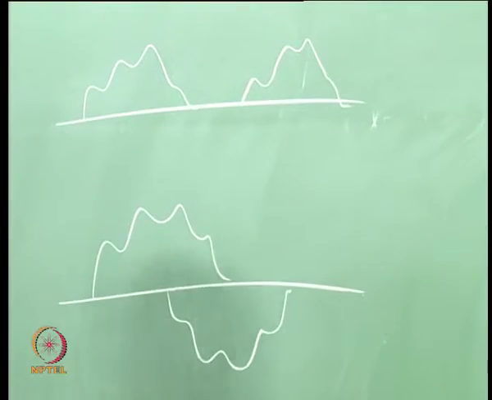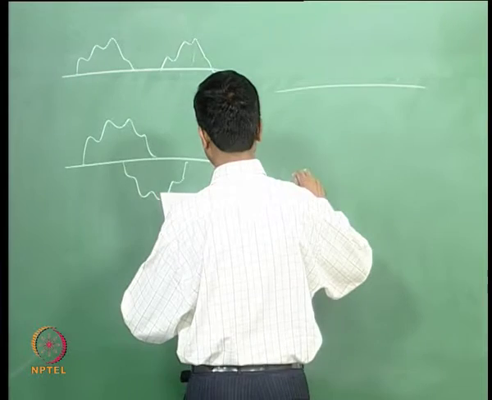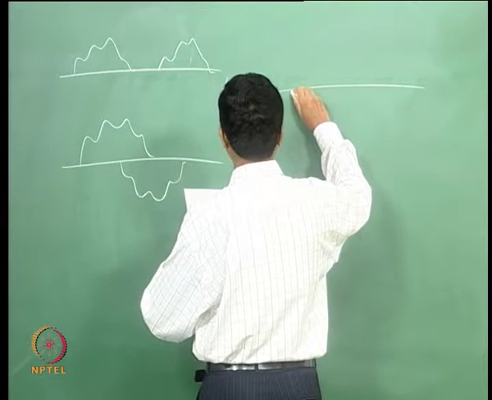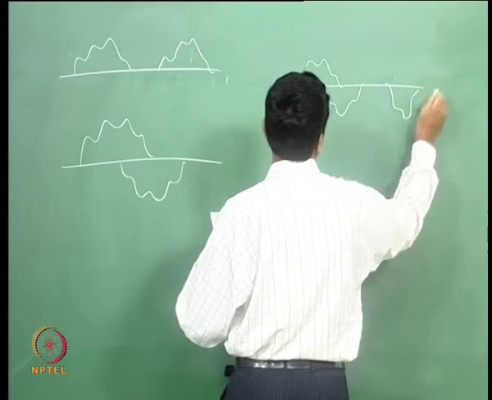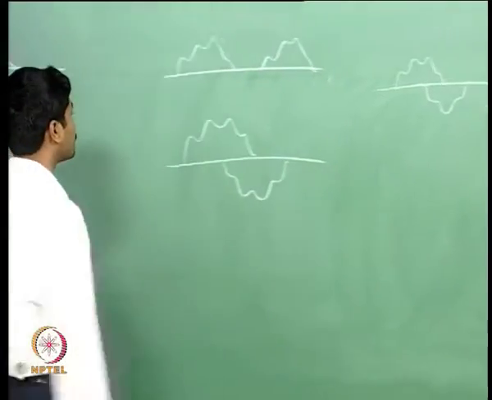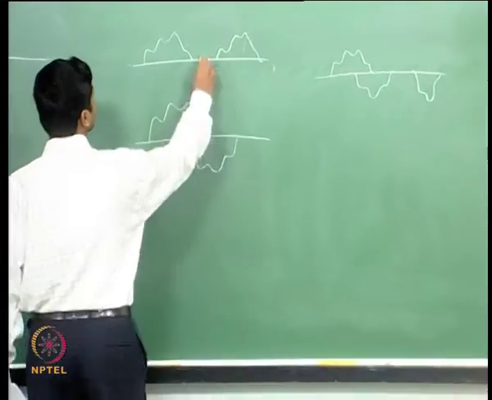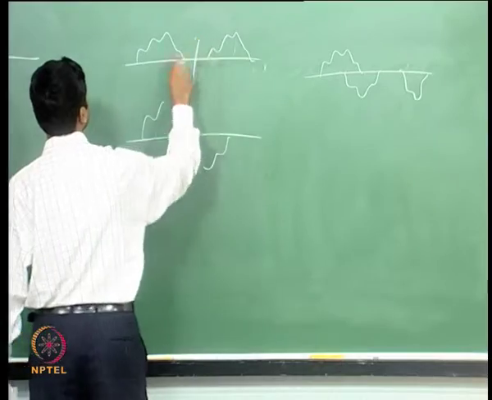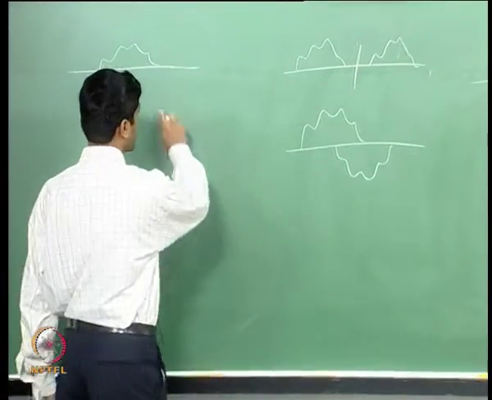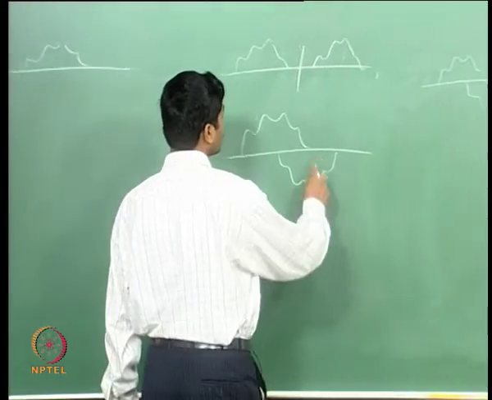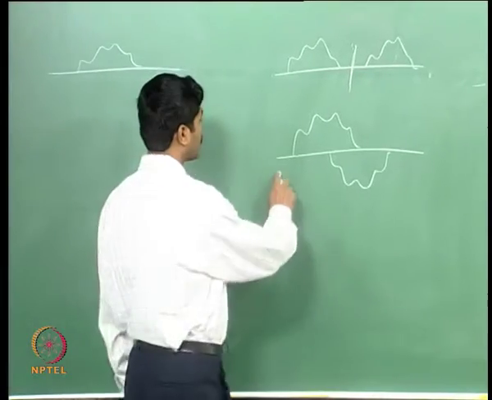At three loop level you will have diagrams like this, and so on. However, if you look at this diagram or this diagram, if you cut here, then this diagram is divided into two separate pieces, two one loop diagrams, whereas here if you remove any internal line, you cannot separate it into two separate diagrams.